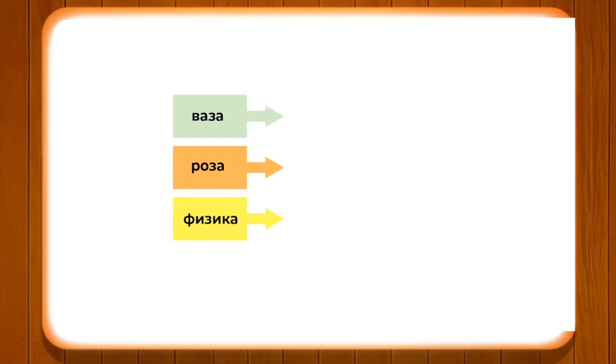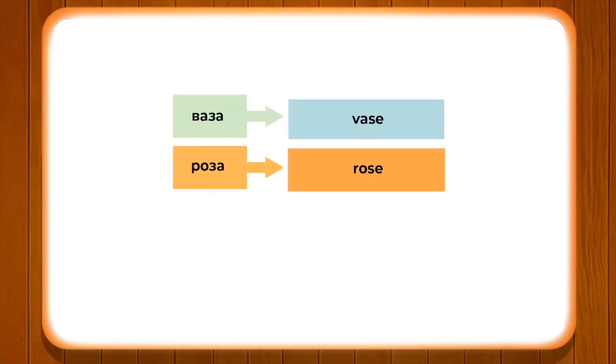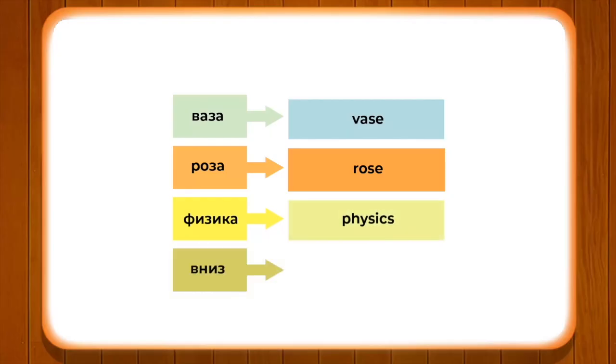All right. Now let us see a few more such words. It's vaza, rosa, fizika, vniz. Vaza means vase, rosa means rose, fizika means physics, and vniz means below.